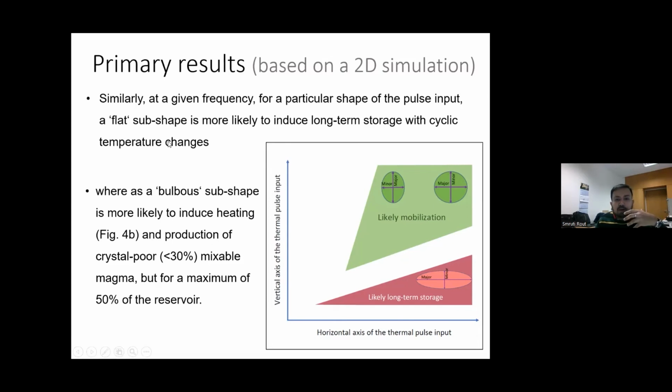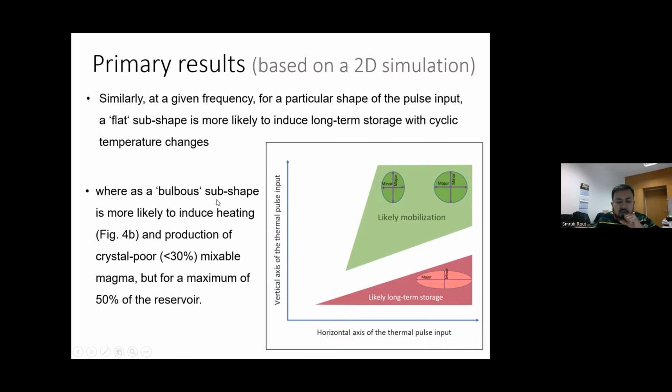And a flat subshape, for example in the case of an ellipse, would mean that the major axis is considerably longer compared to the minor axis, and it has a sill-like orientation.